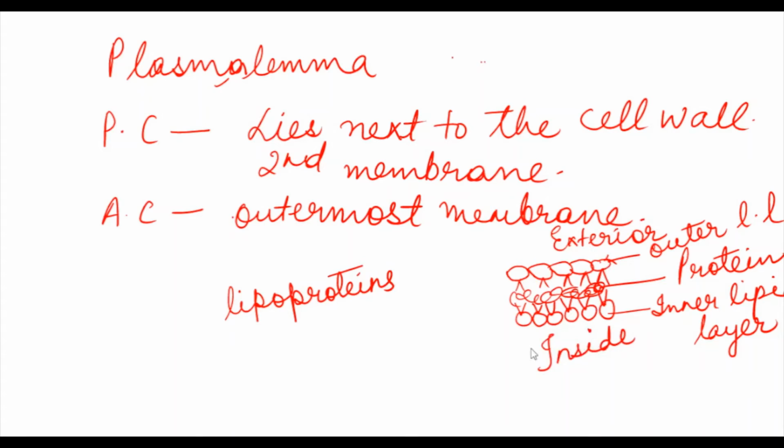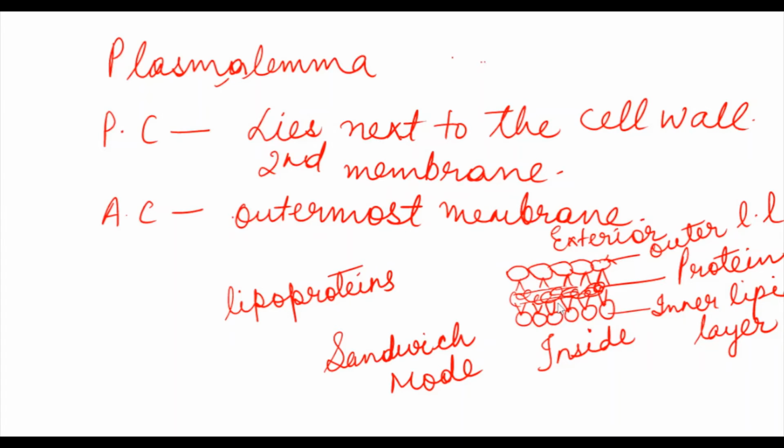So this is the structure of a plasma membrane, and this structure is known as the sandwich model of plasma membrane, because it appears as if the protein layer that lies in between the two layers of lipids is a stuffing in a sandwich, and these two layers form the upper and lower portion of the sandwich. I hope this is clear.